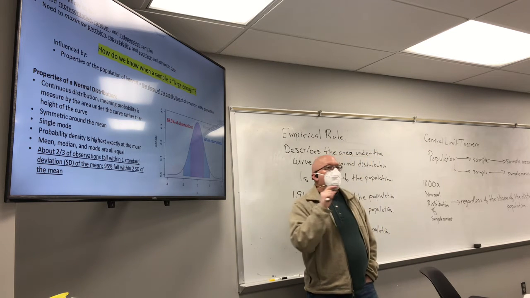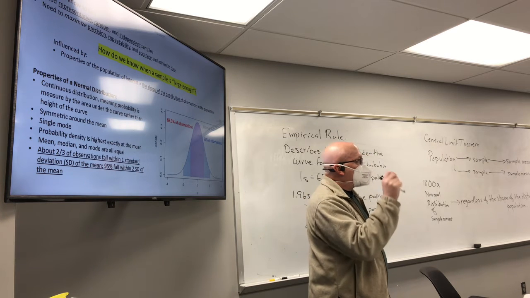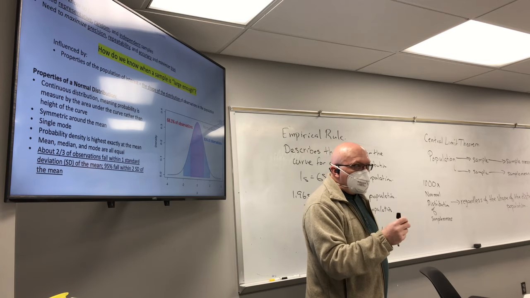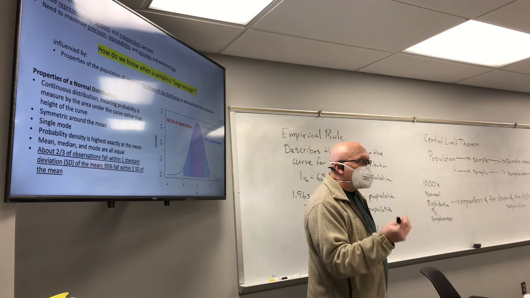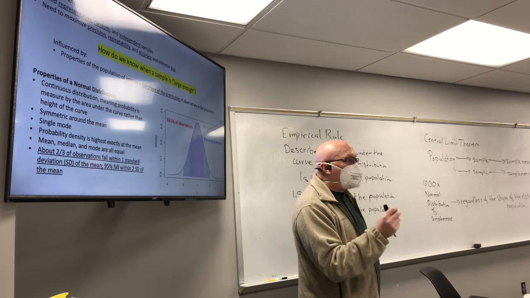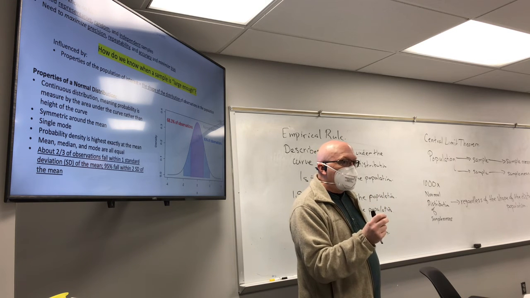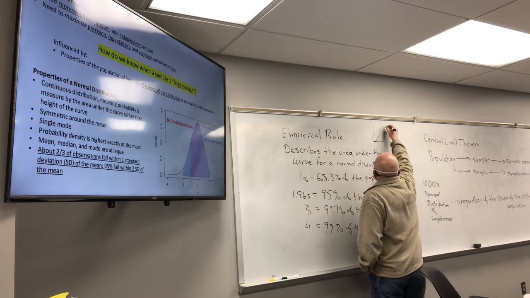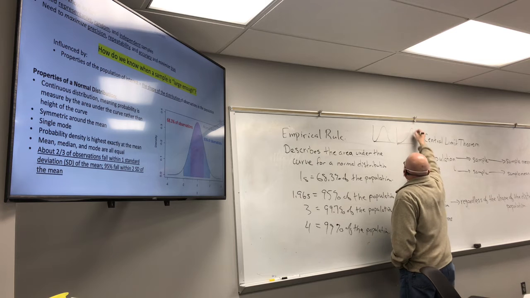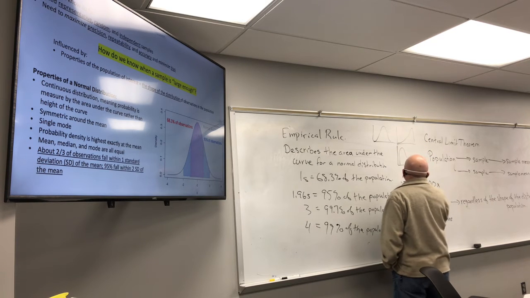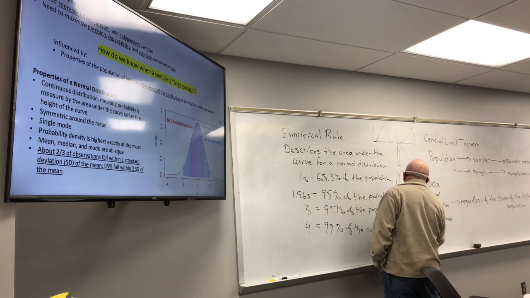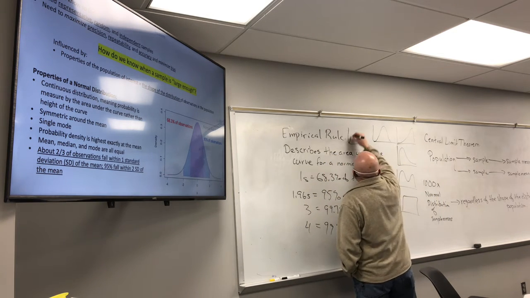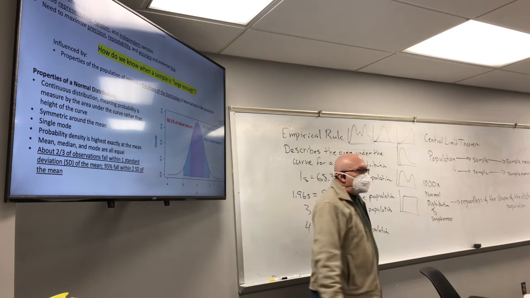However, if you take a bunch of samples from a population, record the sample mean, do that over and over again, and then make a distribution of those sample means, it will be normally distributed regardless of whether the original population is shaped like this, or like this, or like that.